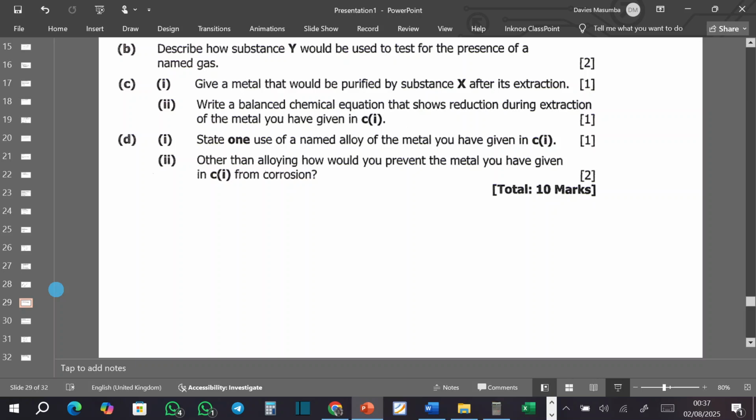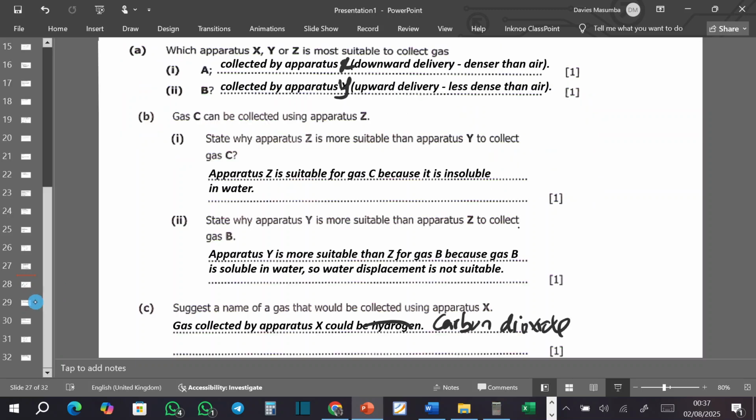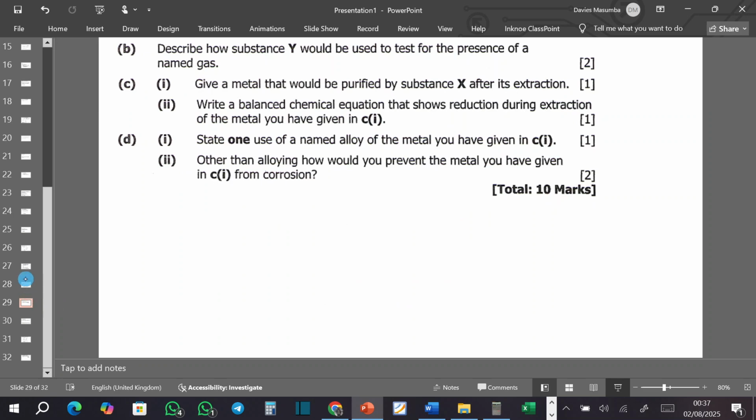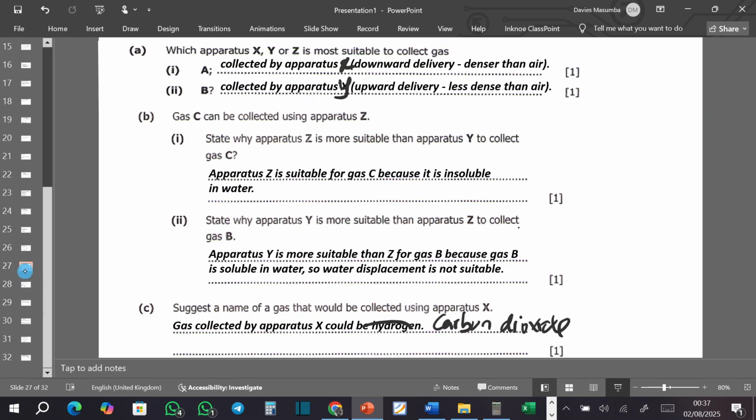Then Roman numeral 1, give a use of a named alloy of the metal you have given in C1. Then Roman numeral 2, other than alloying, how would you prevent the metal you have given in C1 from corrosion? Okay, so let's begin answering. The answers, we begin from here, right?